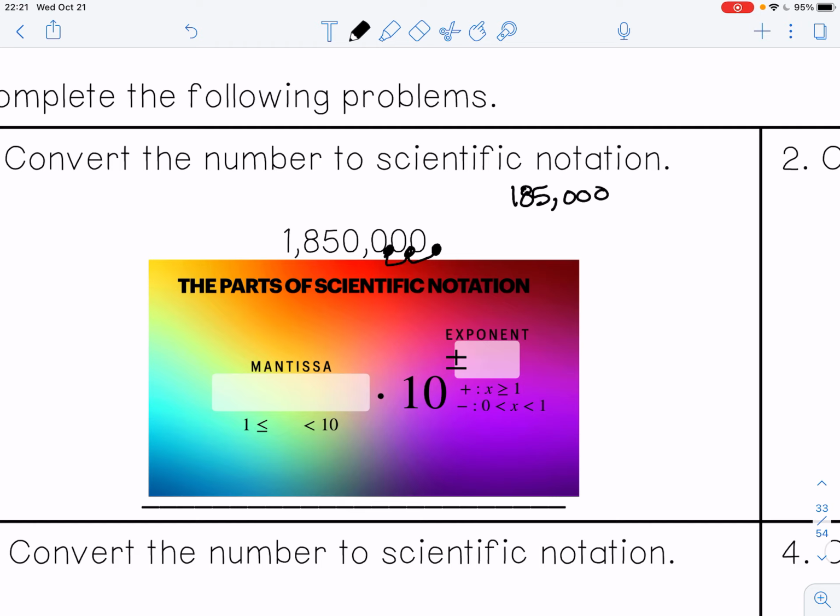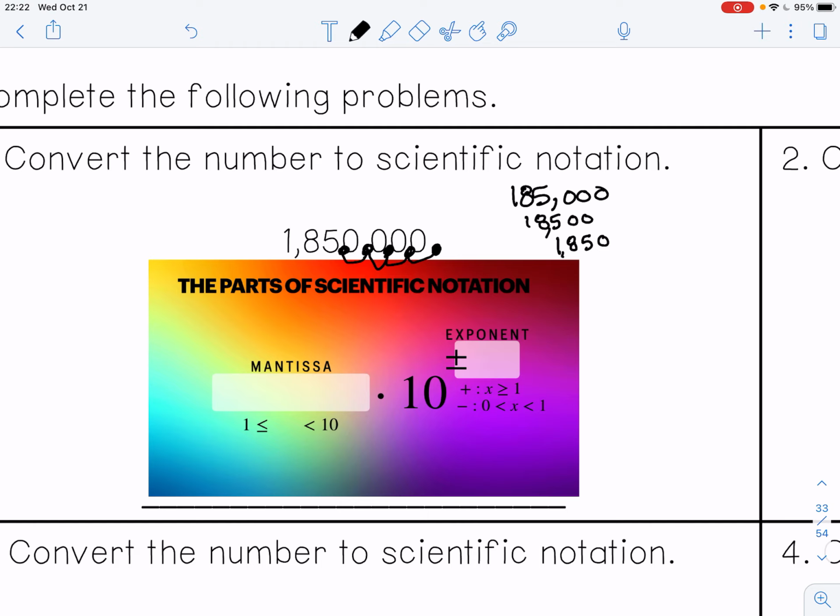If I move it again to this place, then I will have 18,500. So we're getting smaller, but it's still not small enough. So let's move it one more time. And that gets us to 1,850. So we're getting smaller, but not small enough. We still don't have a number between 1 and 10.